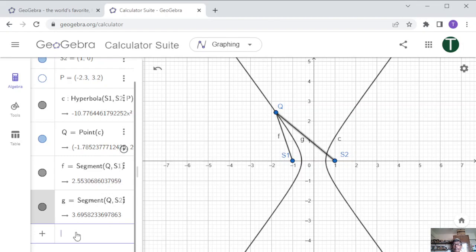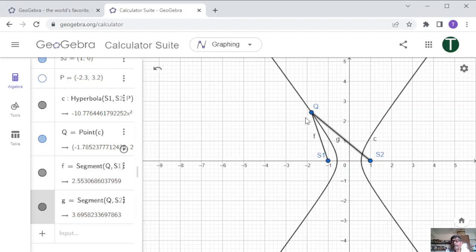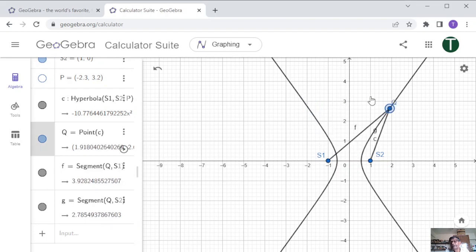Okay, you can vary Q, and both F and G will change. But what I am telling is the difference of these two lengths, the absolute value. If here this length F is shorter than G, but if it goes there, F will be longer and G will be shorter.